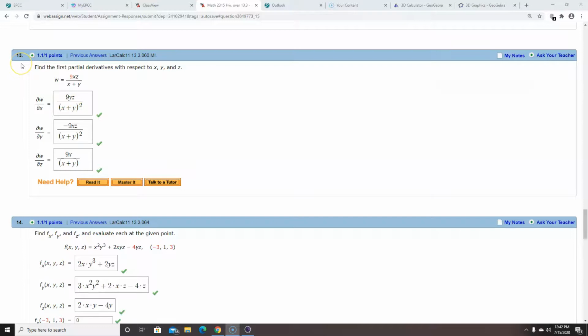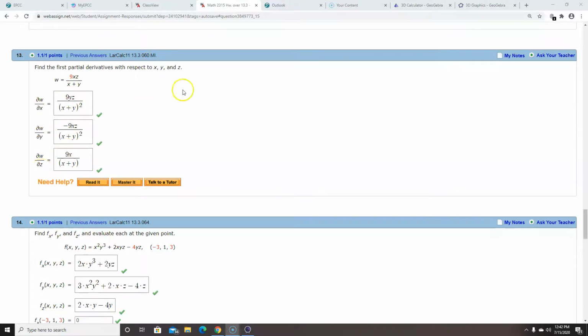So number 13, everyone, find the first partial derivatives with respect to x, y, and z, because this is a function of 3 variables, just like 14 was. And then we're going to find the 3 partial derivative formulas with respect to x, with respect to y, with respect to z.